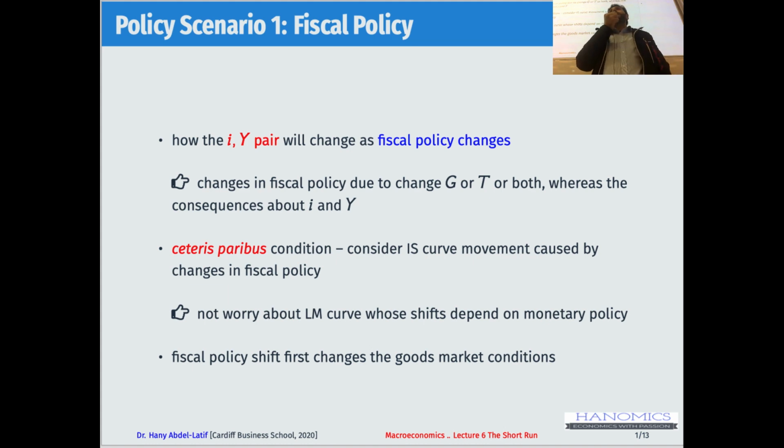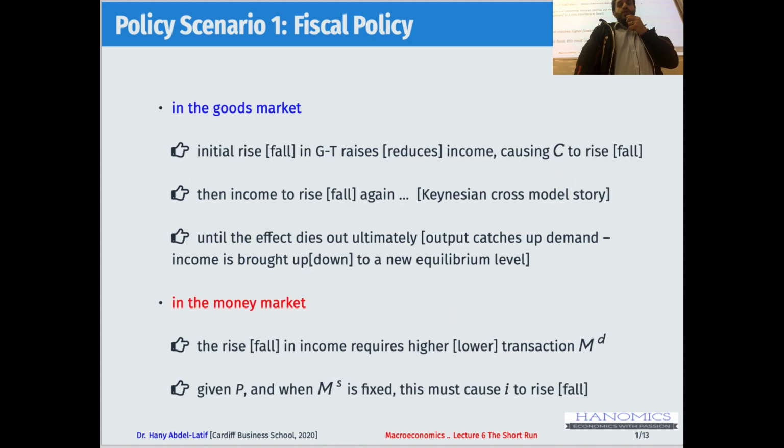So the bottom line is that fiscal policy will change the goods market condition, not the money market condition. So the impact of fiscal policy is reflected in how the IS curve will move. We said that very quickly and briefly last time, but we didn't really explain the idea here.